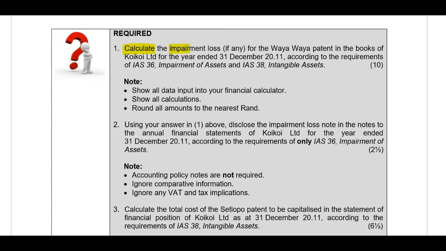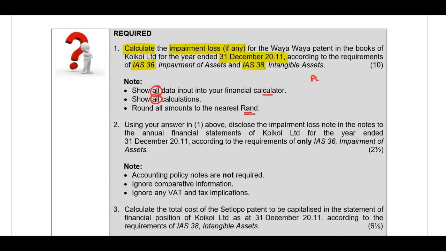Calculate the impairment loss, if any, of the YY patent in the books of KoiKoi Ltd for the year ended 31 December 20.11 according to the requirements of IAS 36 and IAS 38. Show all data input into your financial calculator. Show all calculations, round all amounts to your nearest rand.